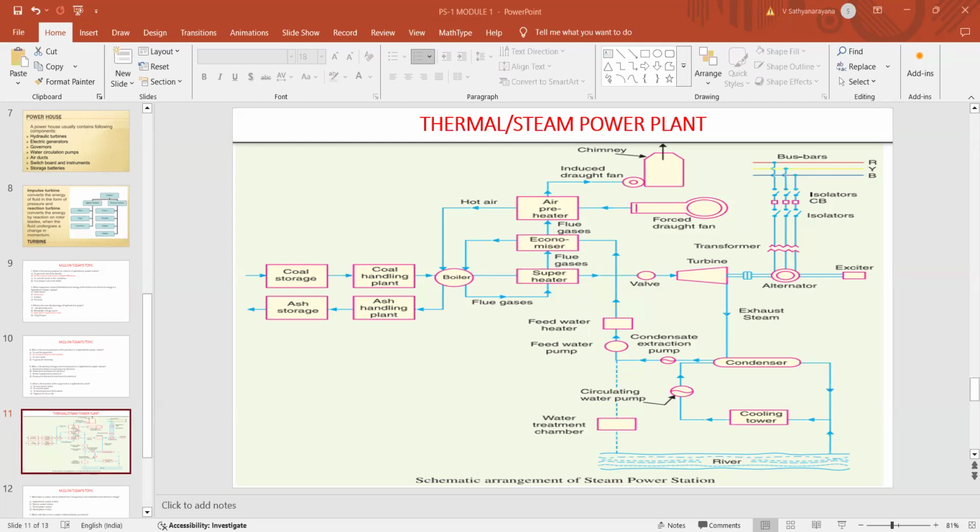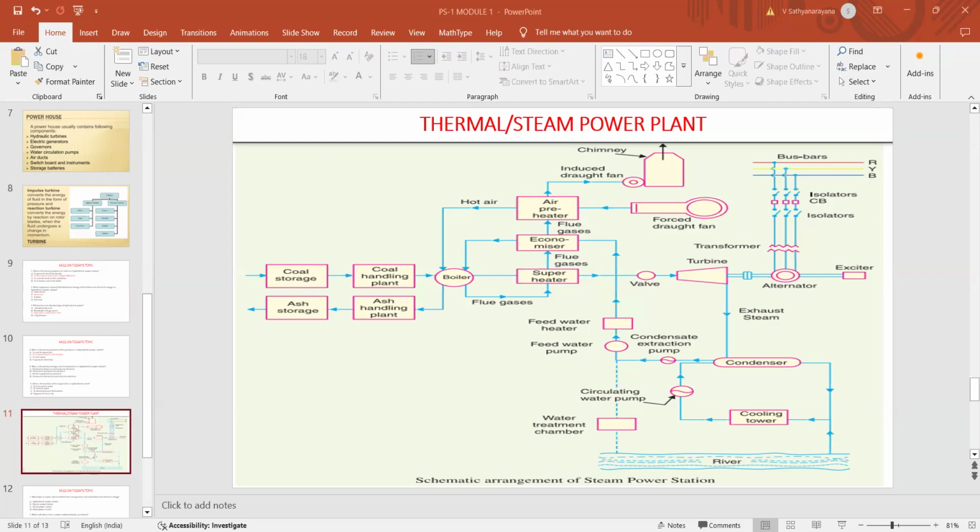So the feed water, on its way to the boiler, is heated by the water heaters and the economizer. Why are we doing this? In order to improve the overall efficiency of the plant.